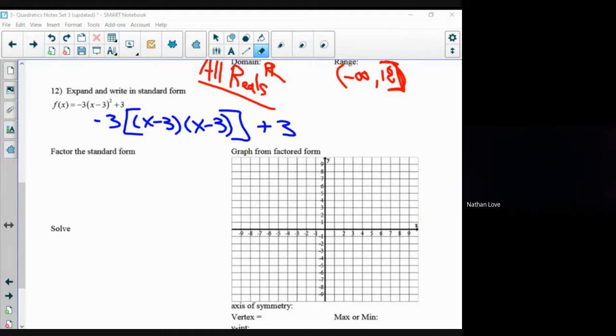The way you do it, again, you're going to take the x and the x, it gives you x squared. And then you're going to do the outside and inside. That gives you -3x, -3x. How much is that?